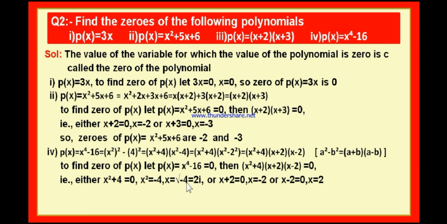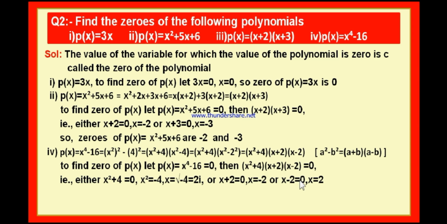Square root of minus 1 may be represented with i. Square root of 4 is 2. Therefore, you can write it as 2i. If x square is equal to minus 4, then x is equal to 2i, where i means root minus 1. And the second value, if x plus 2 is equal to 0, then x is equal to minus 2.